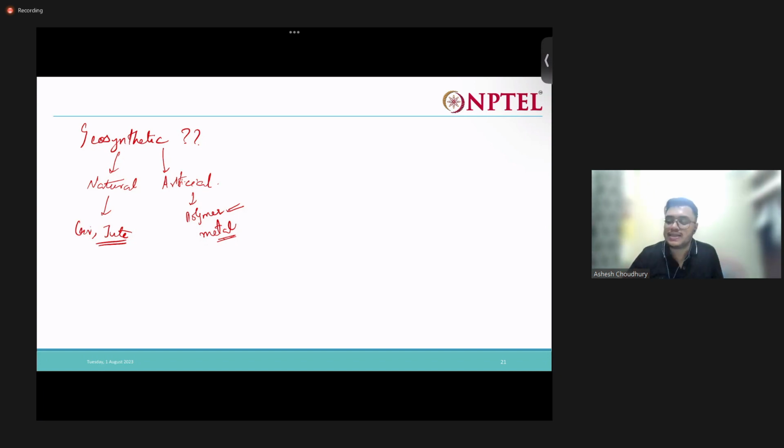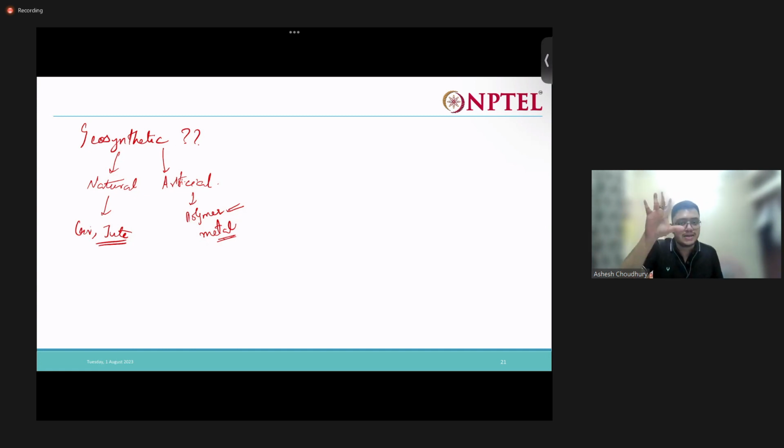Now one more thing is that there is a misnomer, geosynthetic or geotextile. Previously, there was a confusion between the term geosynthetic and geotextile. Geotextile was used interchangeably with all kinds of geosynthetic material. But now this has been made completely clear by the International Geosynthetic Society.